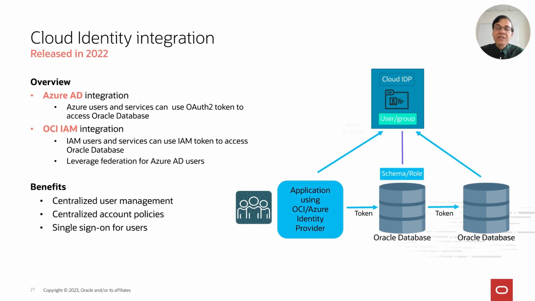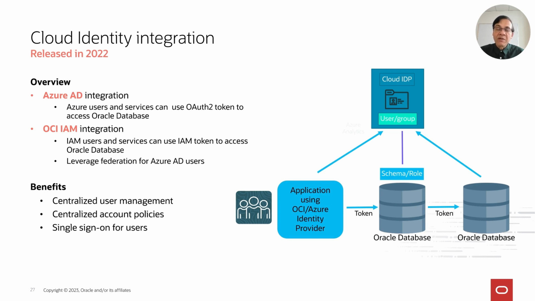So the application can then get the token from the cloud IDP and pass the token to Oracle database. Oracle database then can use the token and map it to database schema and roles. We are also supporting database link functionality by using the on-behalf-of token.